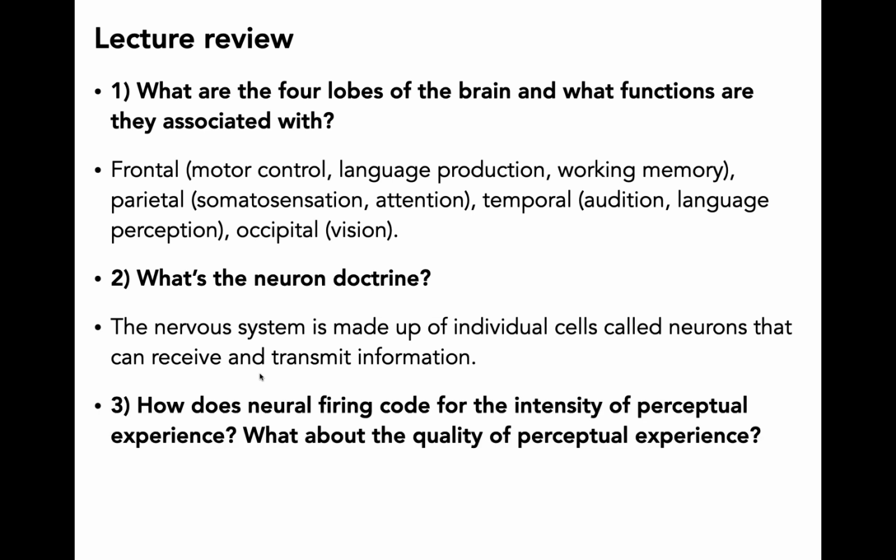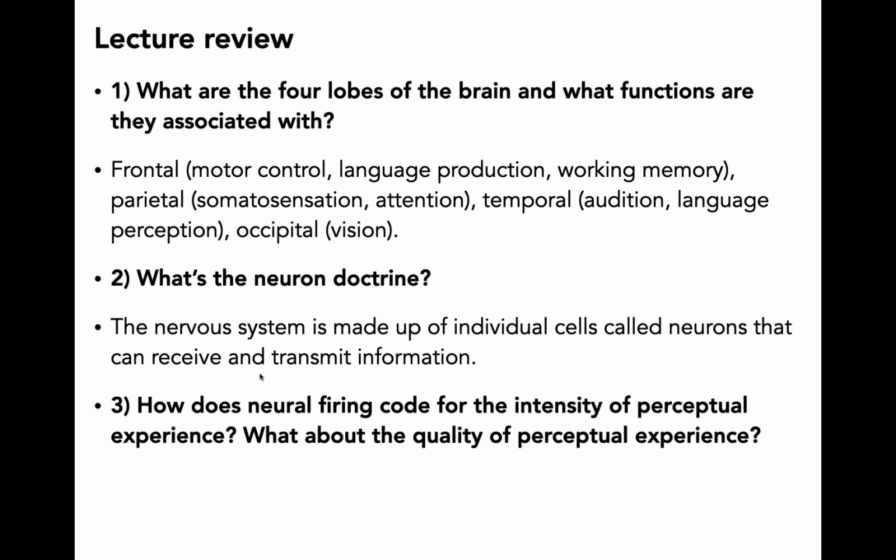How does neural firing code for the intensity of perceptual experience? How does neural firing encode for the quality of perceptual experience? So any sensation, we can think about its intensity and its quality. How do neurons encode for these two things? So question 3, how does neural firing encode for the intensity of perceptual experience?